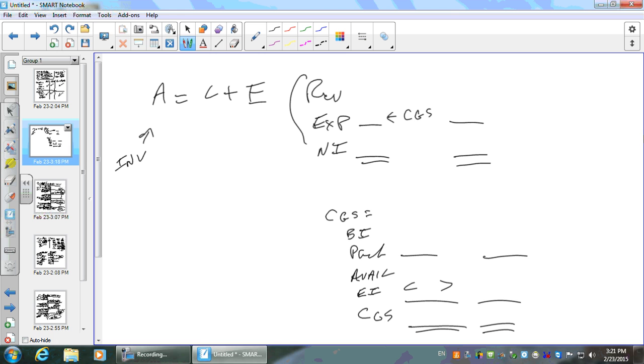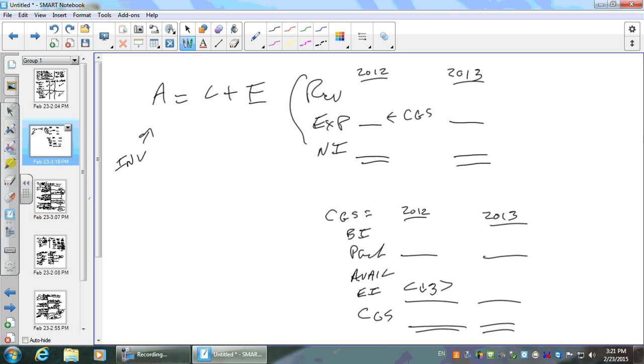It says at the end of 2012, so I'm doing 2012 and 2013. Ending inventory in 2012 was understated by 3,000. So this number is too low by 3.